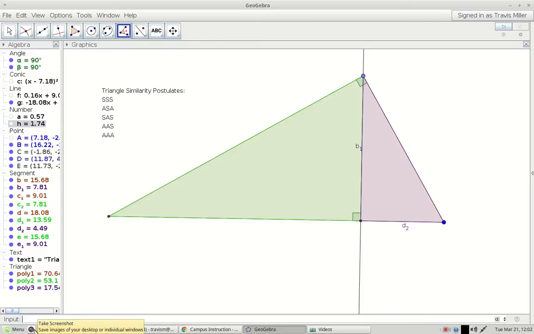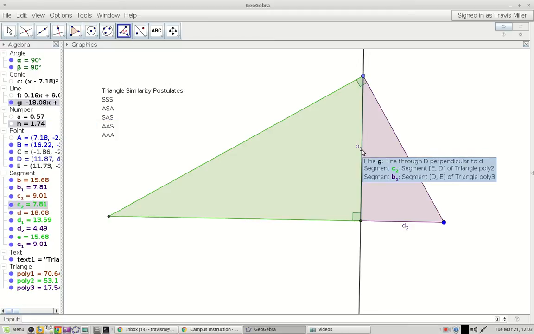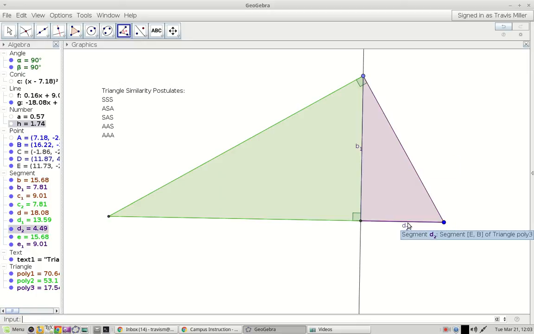What is my problem here? B1 divided by D2.